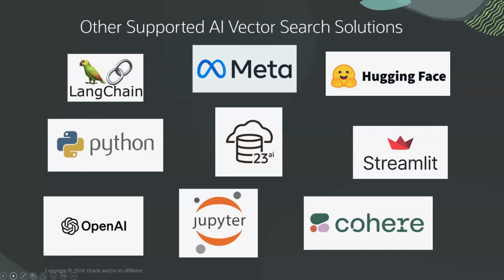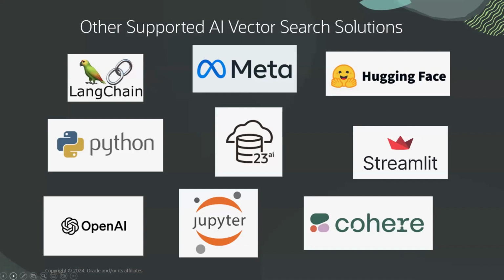You can use the Meta Llama ones, Hugging Face LLMs, OpenAI, Cohere. You'll see solutions around Jupyter data science notebooks, and they're all valid and very applicable solutions. And the key is that you can do all these things and still leverage the Oracle 23 AI database.